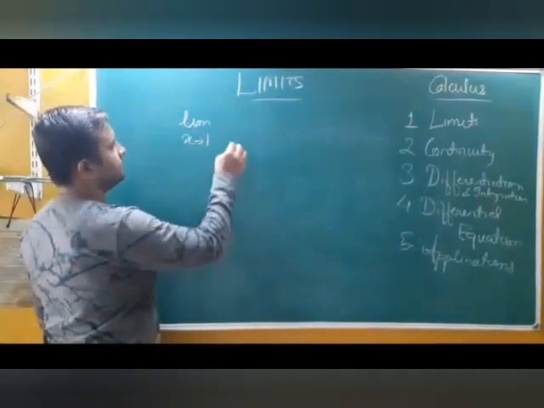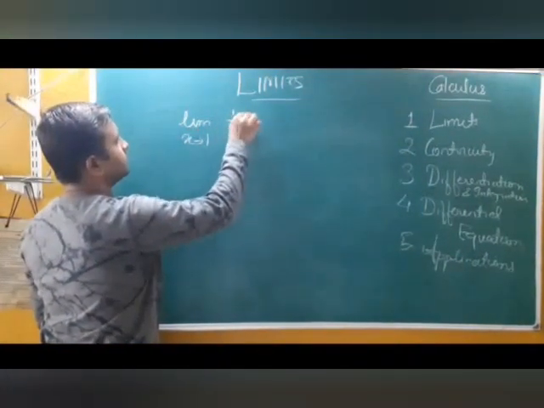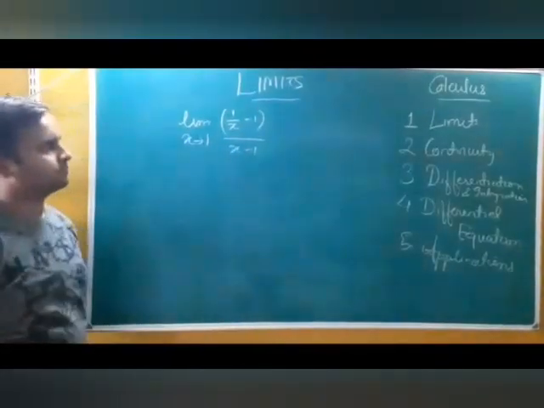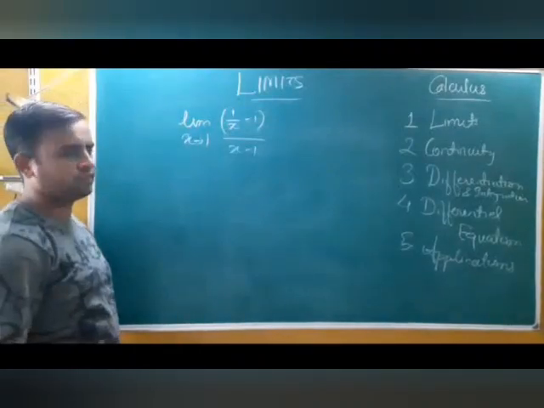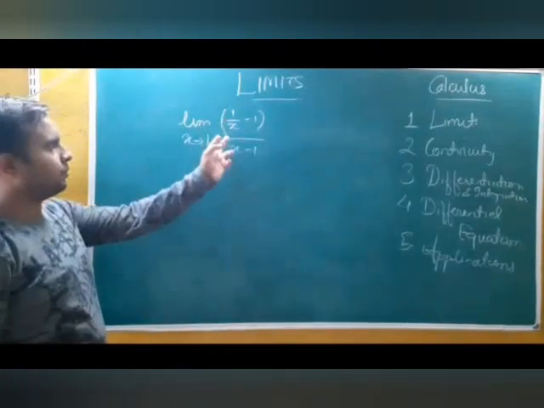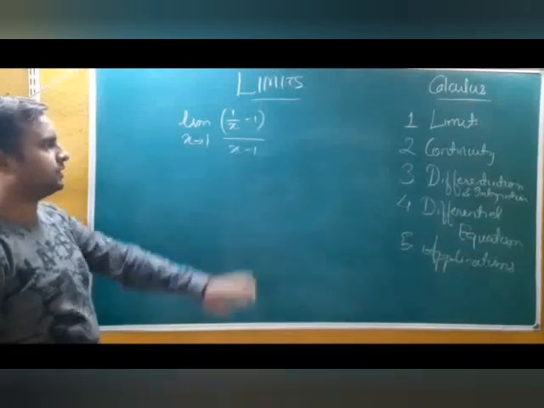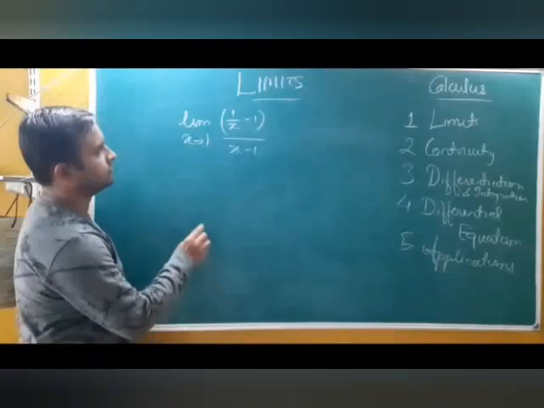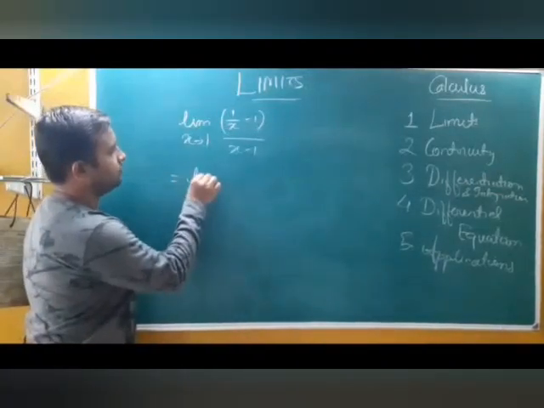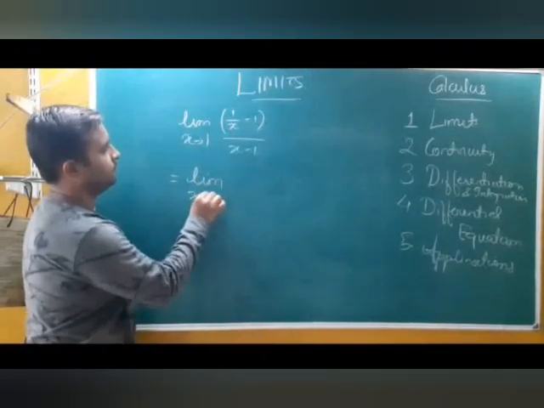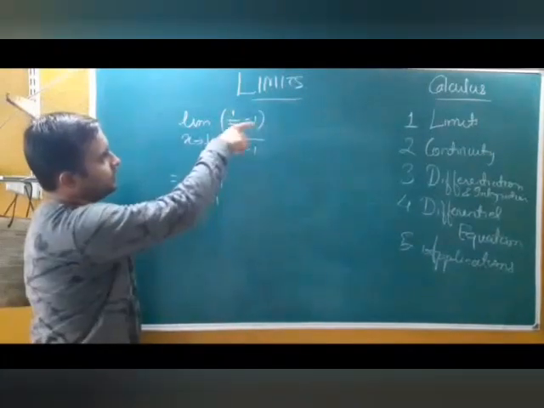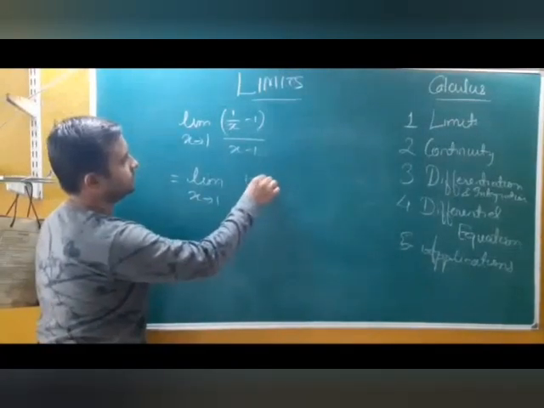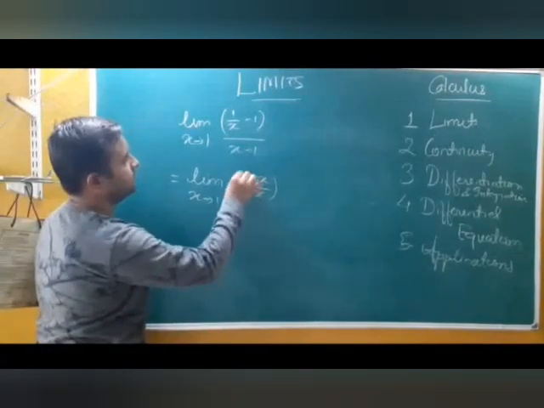Limit x tends to 1, 1 upon x minus 1 upon x minus 1. Are we getting 0 by 0 form for this? 1 upon 1 minus 1 is 0, right? Oh yes. But if you carefully observe, if I rationalize this, 1 upon x minus 1 can be written as 1 minus x upon x, right?